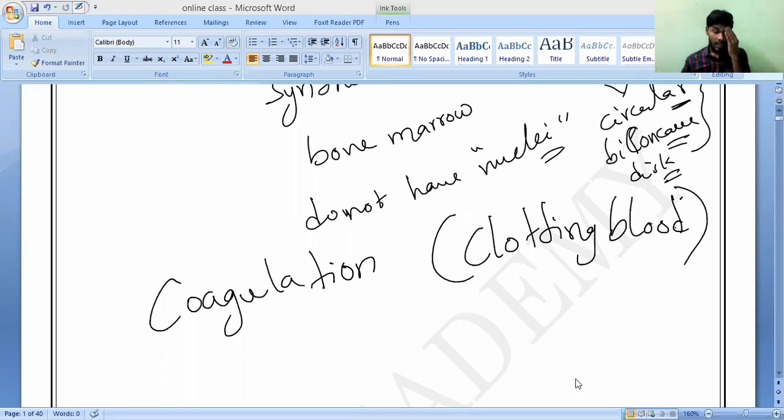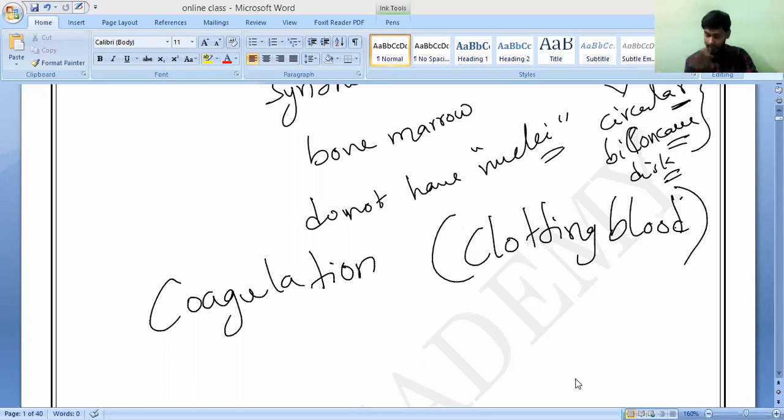That is what will happen. So this is all about platelets. The only purpose of containing platelets in our blood is that they help the coagulation or clotting of blood, both are the same, in a cut or any kind of wound. That is what we have to remember.